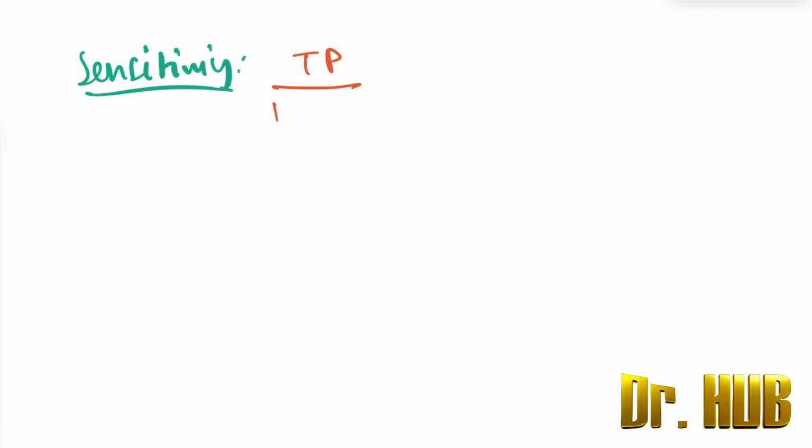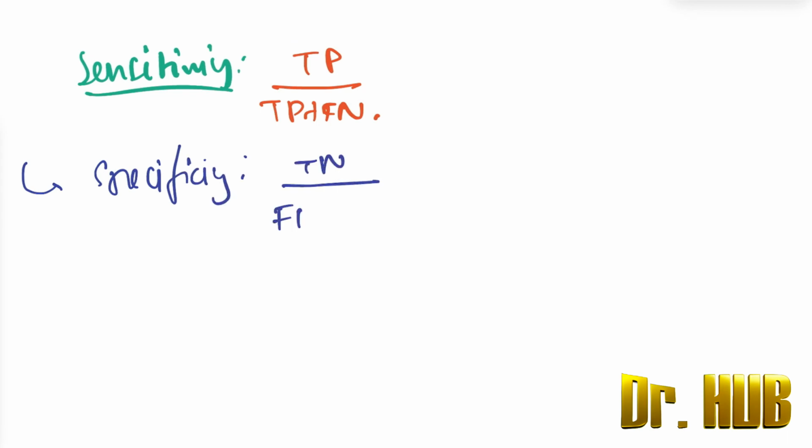So now let's individually break down the formulae. Sensitivity is very important. It is nothing but the TP divided by TP plus FN. Now moving on to the specificity: specificity is nothing but the TN divided by FP plus the TN. Next we look at the PPV.